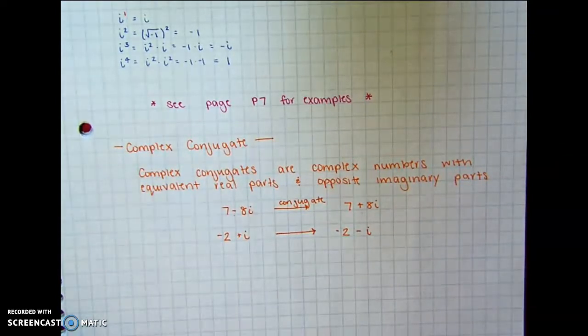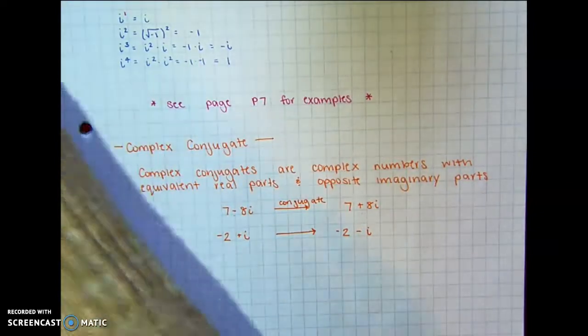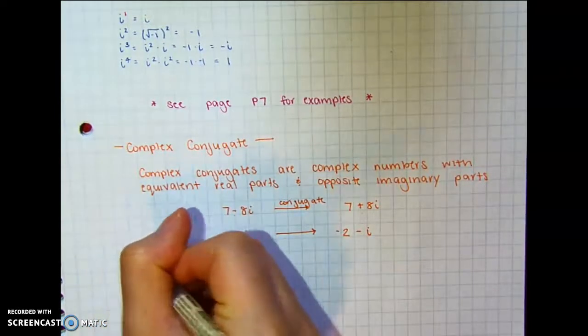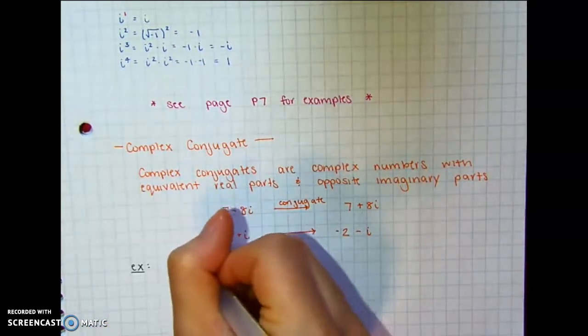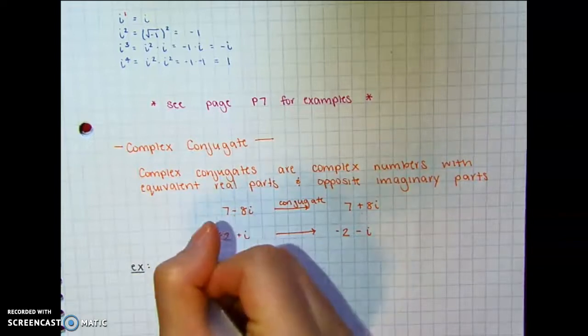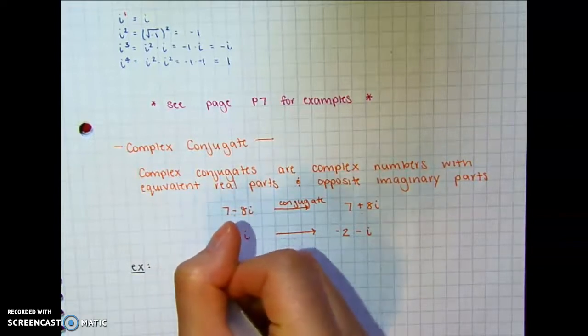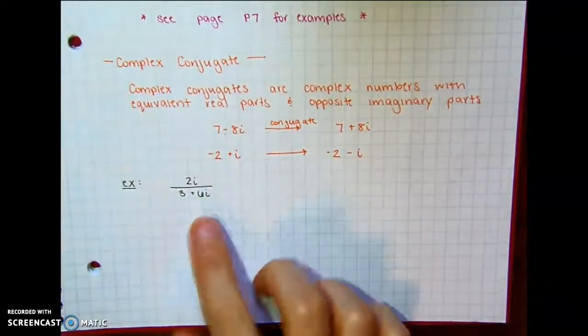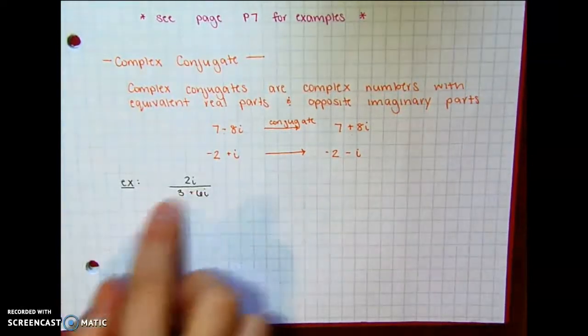And the reason for that is so that you can cancel them out. So what I mean is if you had a division problem really is where they come into play. Because we don't want imaginary numbers in the denominator. We don't want anything irrational. So if you had 2 over 3 plus 6i, well, this isn't simplified. We need to get this out of the denominator.